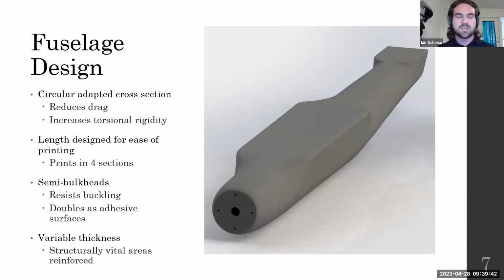It can be printed in 4 sections. And there are semi-bulkheads throughout, so planar sections throughout the fuselage with holes in the middle for wiring. And the entire fuselage is variable thickness, so a different number of layers of lightweight PLA throughout, just to reinforce the structurally vital areas.